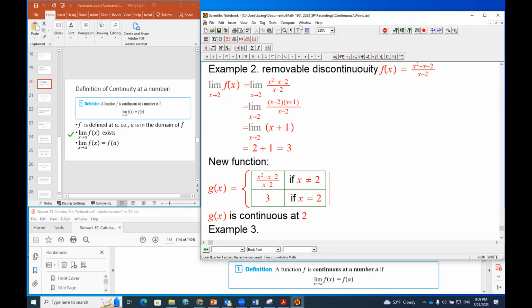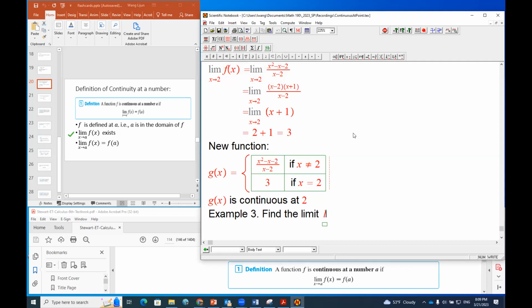It says, find the limit. And here's the limit we're looking for. Limit as x approaching -2 of a function which is x raised to the power 3 plus 2x squared minus 1 in the denominator 5 minus 3x. This is a rational function.